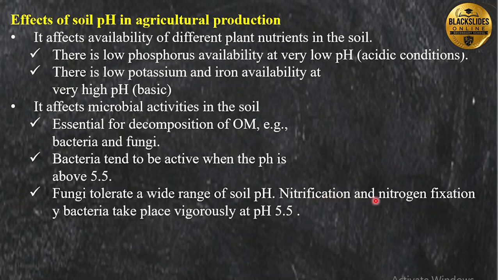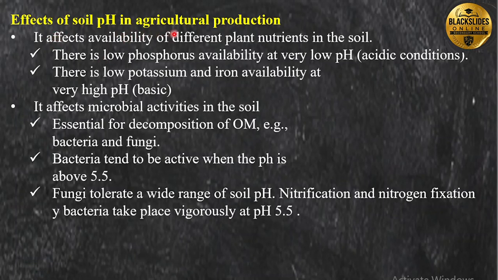Nitrifying and nitrogen fixation bacteria take place vigorously at a pH of 5.5, meaning at any other pH, the nitrifying and nitrogen fixation bacteria will not be active that much. Therefore, such a soil would have less nitrogen for crops.